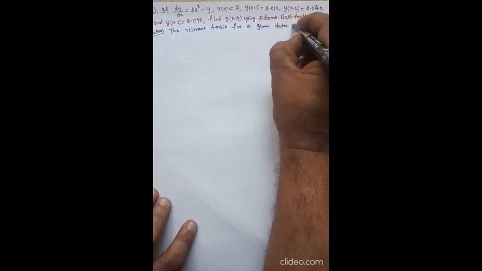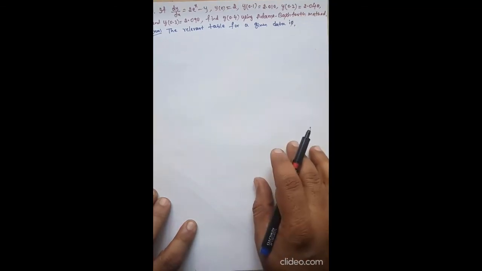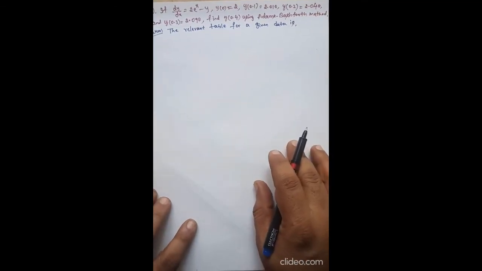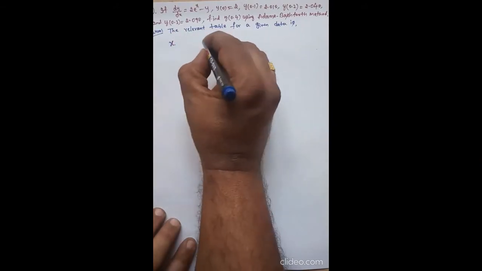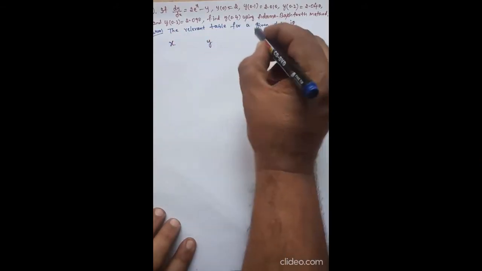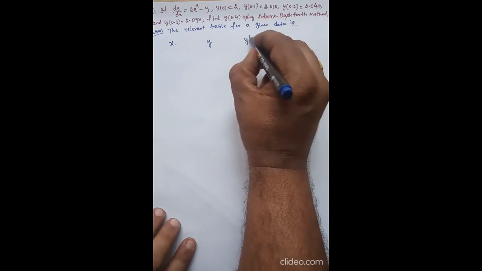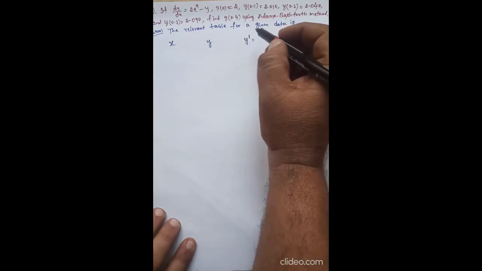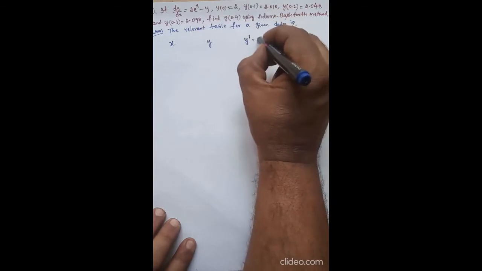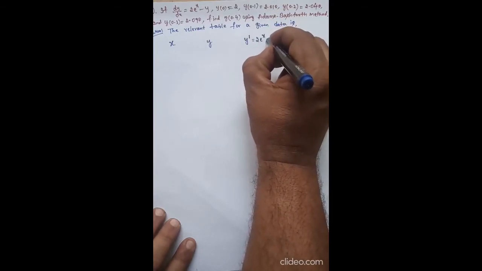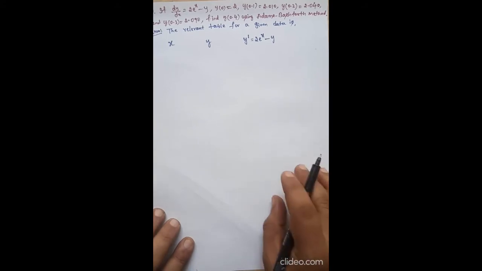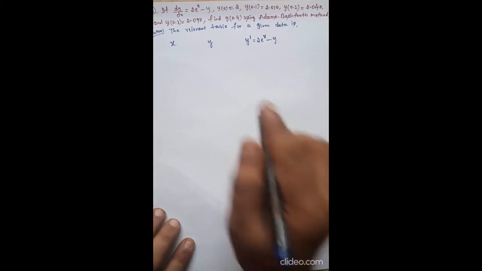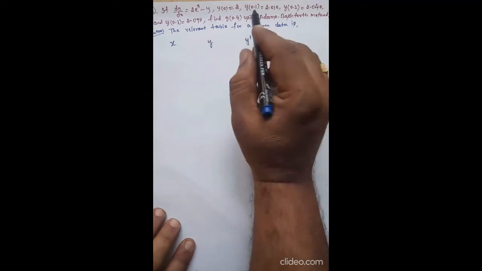data is, so we know our data table should consist the values of x, then the values of y, then the value of y dash, and you know y dash is dy by dx, and in this problem this is 2e power x minus y. Now we'll make a list of x, y values. So what are the x values?